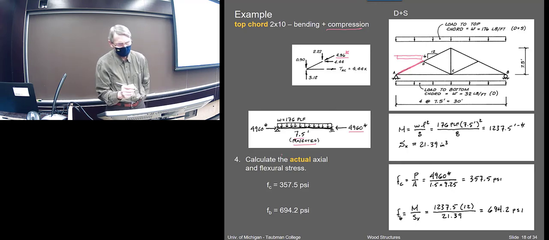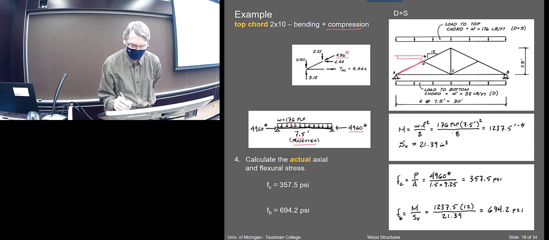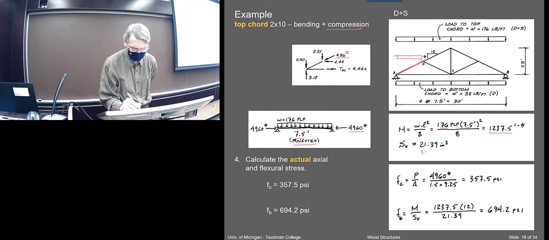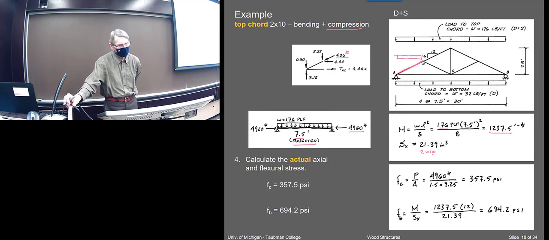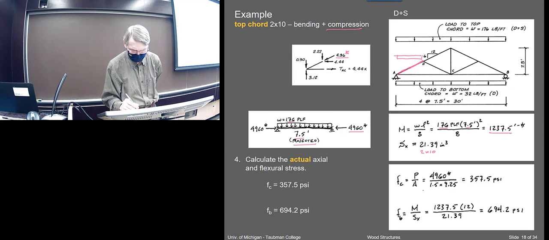And then we have to figure out the flexure. There's the load that's on it, 176 PLF. It's 7.5 projected length, so there's my moment. This must be for the 2x10, I think. And now we can look at the actual stresses in compression.